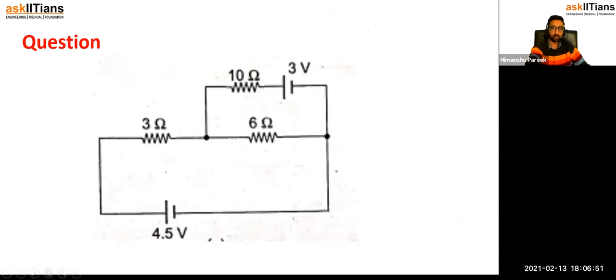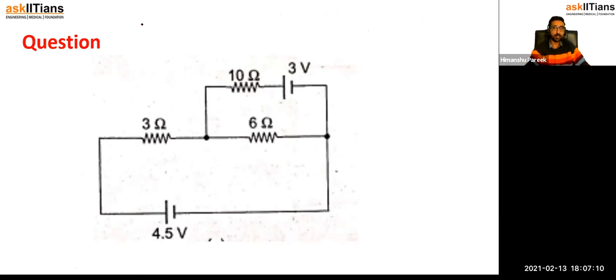Let us begin now with question number 1. So what we have to find out? I will frame the equations for you. The rest is your homework: you have to solve these equations using your maths. Here you can see there are 2 batteries, a 4.5 volt battery and a 3 volt battery.